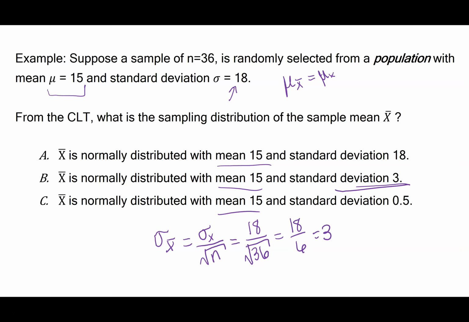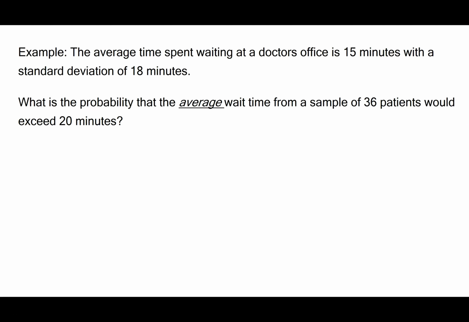So now we have another example. We're looking at the average time spent waiting at a doctor's office being 15 minutes with a standard deviation of 18 minutes. Relatively, that's kind of a big standard deviation. So here, this is mean because it's saying, hey, this is the average time waiting at this doctor's office. This is implying sigma right here.